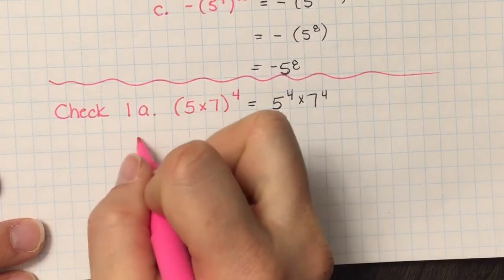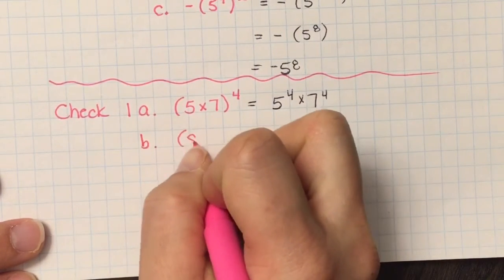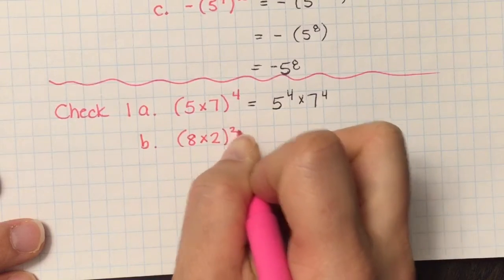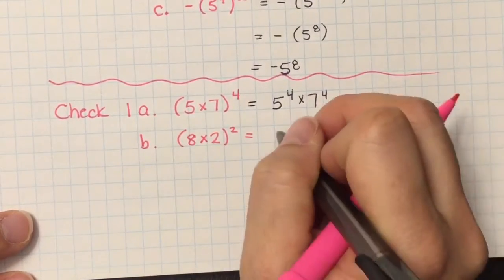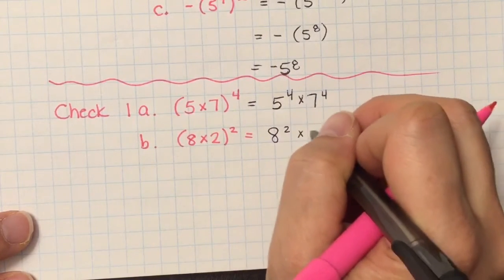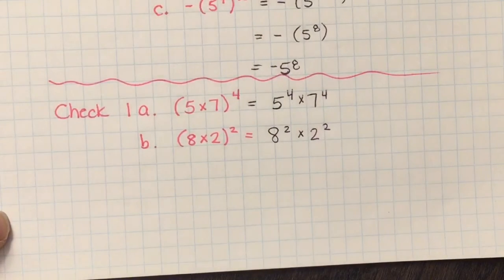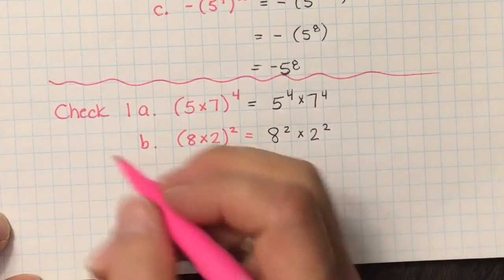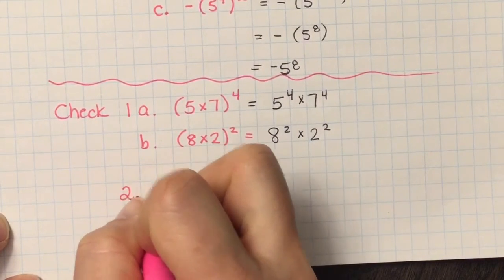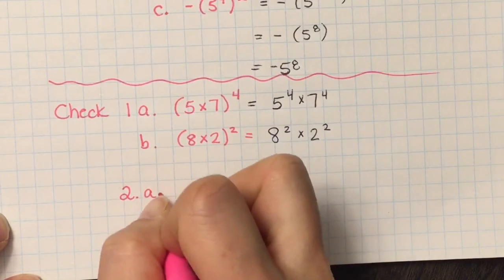Nice job. Okay, let's do B. What's your answer? Excellent. So for those two, we're just writing them as products of powers. And the second one has you actually evaluating.